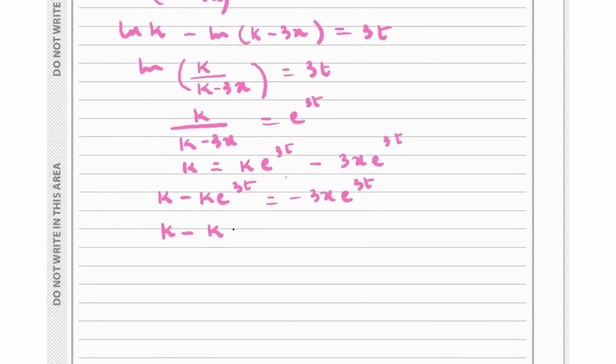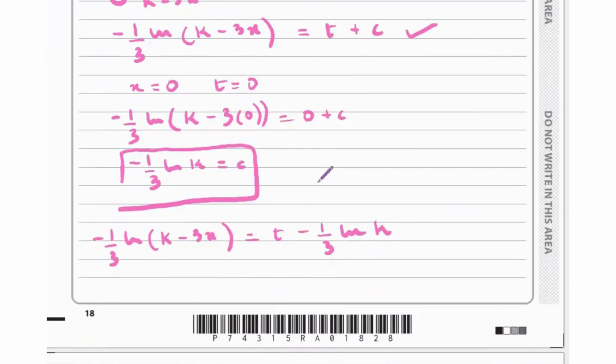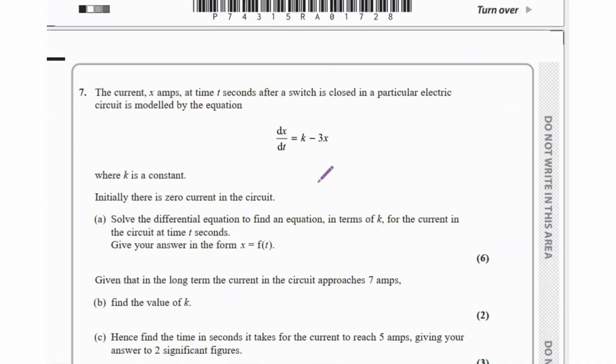So k minus k times e to the power of 3t, divided by negative 3 times e to the power of 3t, equals x. So if we go back to the question, they just want us to write x as f of t.